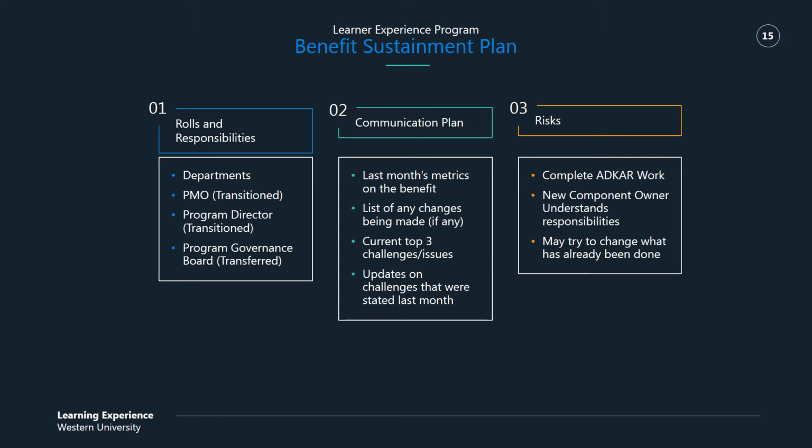That moves into our communication plan, which essentially consists of monthly update meetings and status reports. These status reports will contain last month's metrics. They contain any changes being made, if any, the current top 3 challenges or issues, and updates to challenges from the previous month.